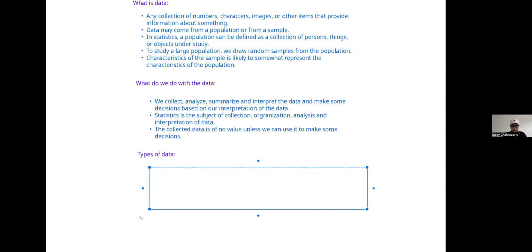And then, of course, we have quantitative data. This is basically numerical data, which is typically the result of counting or measuring some attributes of a population, to which we can assign numerical figures.